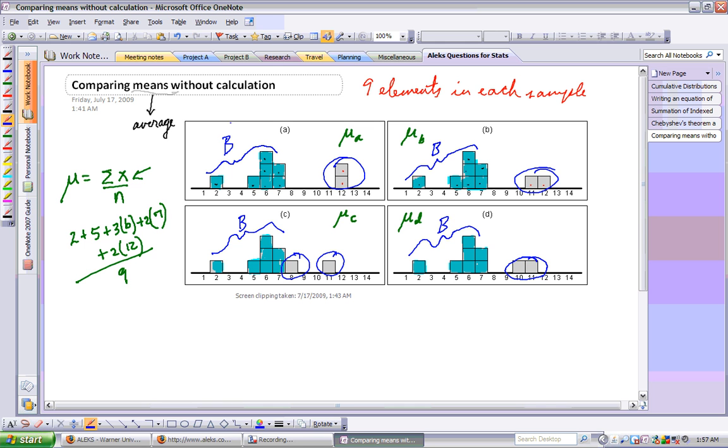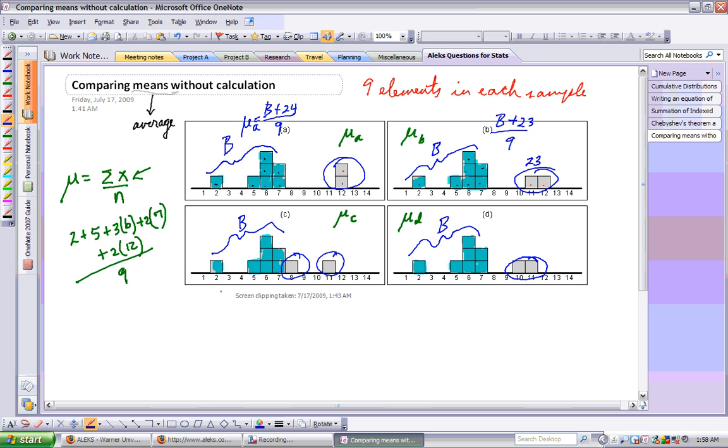So if we were to write an algebraic expression for the mean, this one is B plus 12 plus 12, so B plus 24, divided by 9. That would be mu of A. This one would be B plus 11 plus 12, which is 23, so B plus 23 divided by 9.